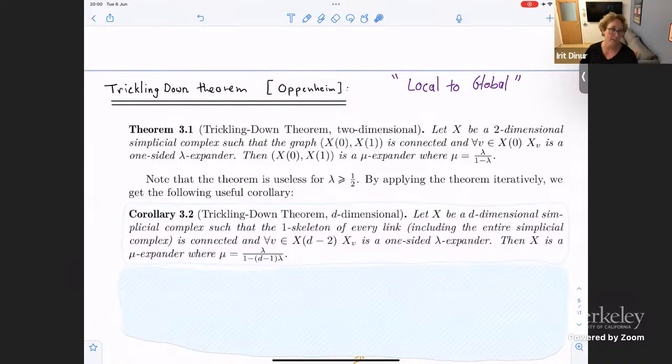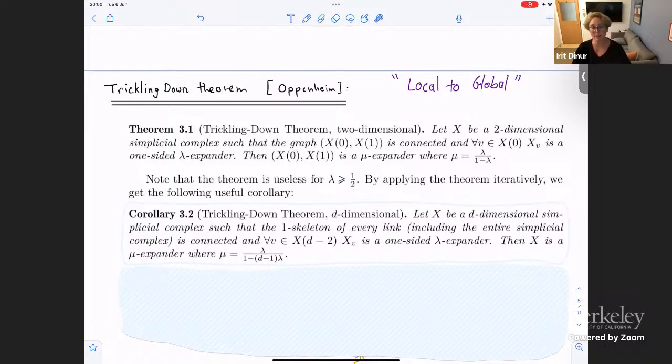Okay, but I think it's already impressive enough to see this theorem for dimension d equals 2. So suppose you have a graph that has a bunch of triangles, and every vertex touches maybe even a constant number of edges, but you know that around every vertex, if you look at the subgraph induced by the link, you know that it's a lambda expander.